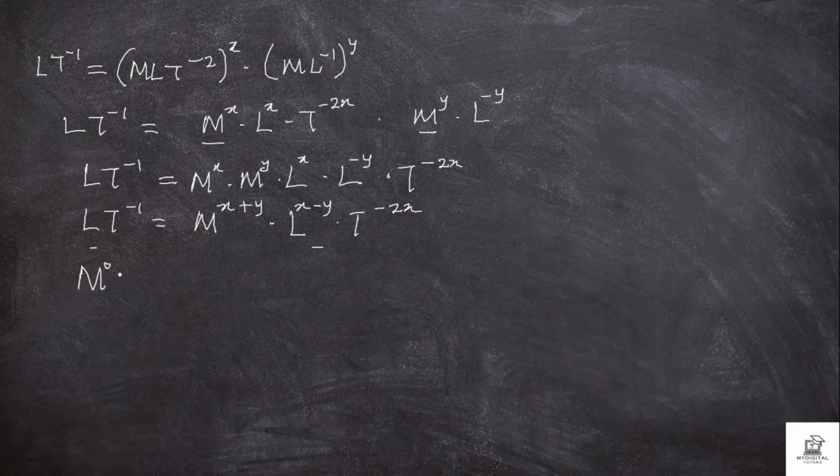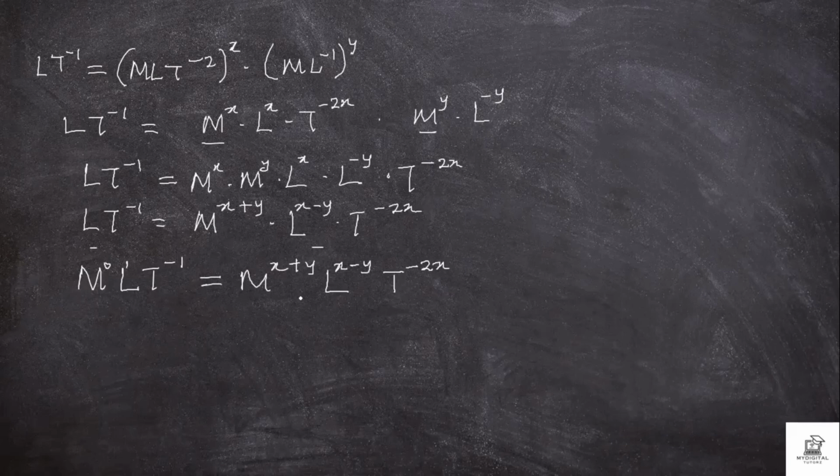So M raised to power 0, then L is 1, raised to power 1, then T raised to power minus 1 equal to M^(x+y) L^(x-y), then T raised to power minus 2x. Now I have the same parameters here, MLT, MLT.